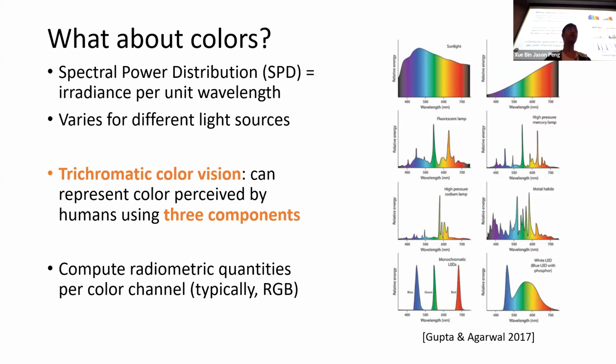And that would give us a reasonable approximation of the colors that humans would be able to see. So for the remainder of the lecture, whenever we talk about color, we are going to assume that we'll be using the RGB representation. So every color will be represented by a vector of 3 numbers, corresponding to the amount of red, green, and blue light that's being emitted or reflected by an object.